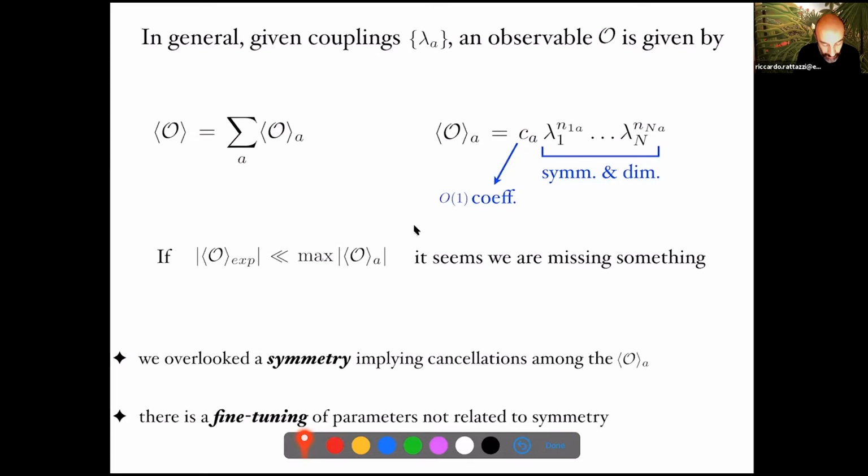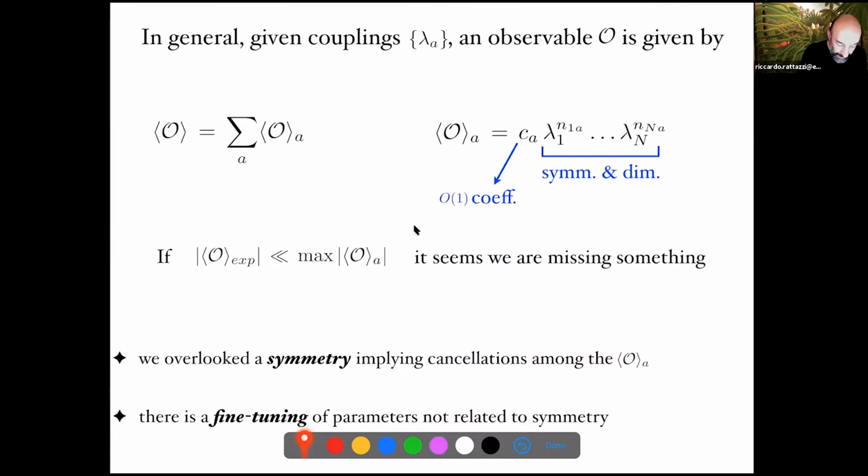Now there are two situations that you can think of quantitatively.